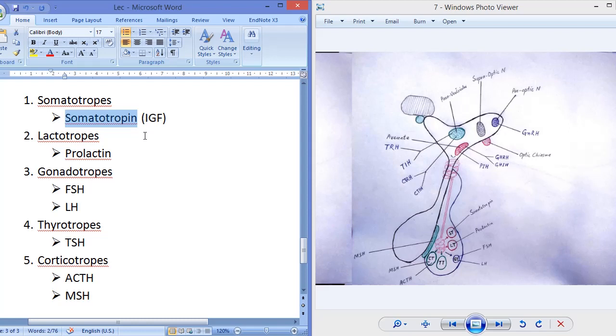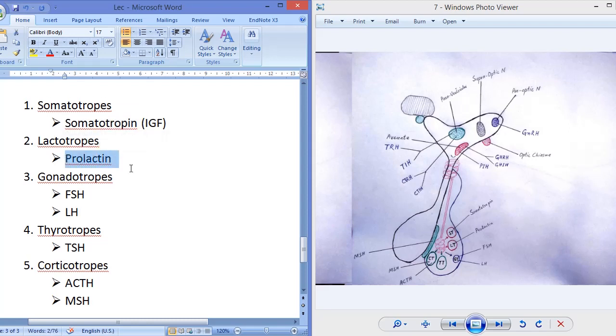It also increases the release of glucose. So the glucose and fatty acid are released into the bloodstream, and the amino acid is absorbed from the bloodstream. This is for the purpose of growth, to use the glucose and fats for making energy, and to use the amino acid as the building blocks of the body.